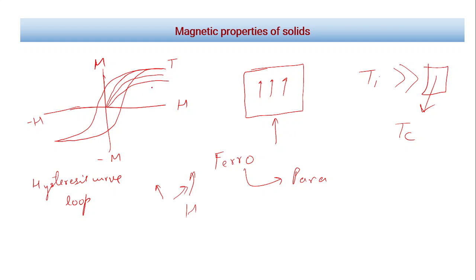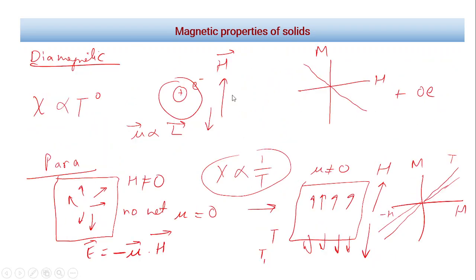Hysteresis is the word that tells that there is a lag between M and H, because as we were seeing in the case of paramagnetic material, there was no lag, in the sense that as the magnitude of the H that we were applying increased, M was also increasing. They were proportional.